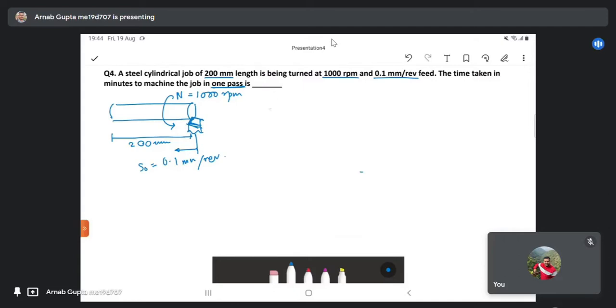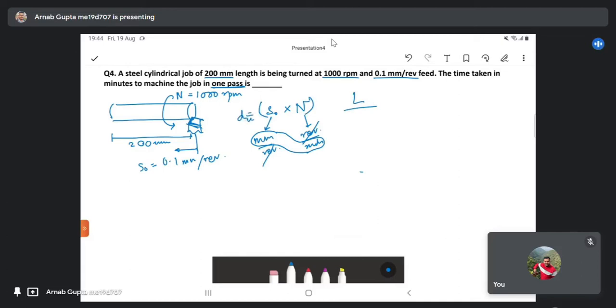So to calculate that, we need to do S naught into N. So this is millimeter per revolution and this is revolution per minute. We will get how much distance the tool travels in unit time. So if we divide that particular distance, say we are telling as D subscript U, the distance it is traveling in unit time.